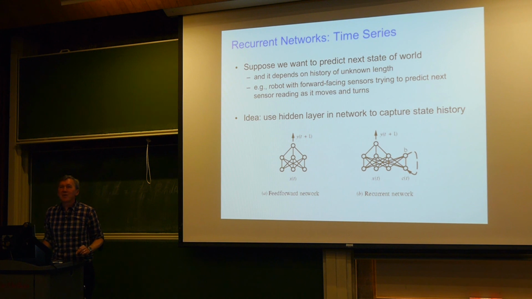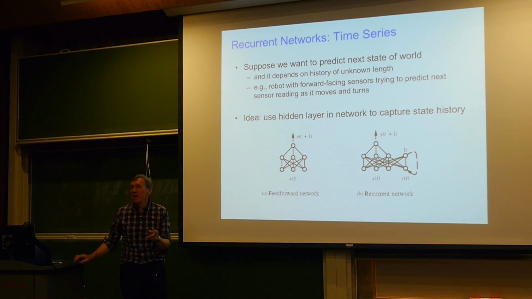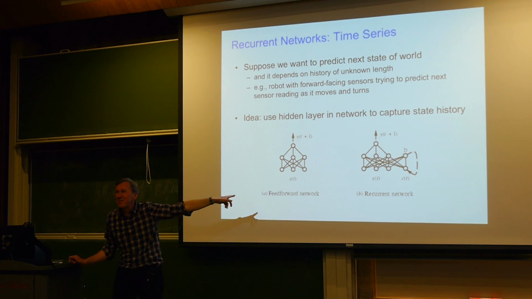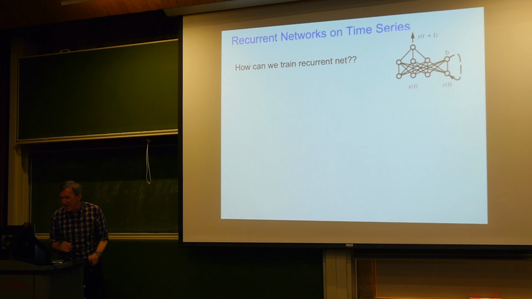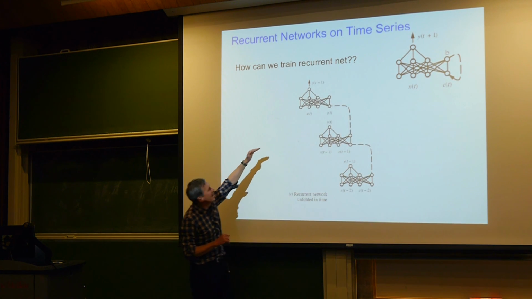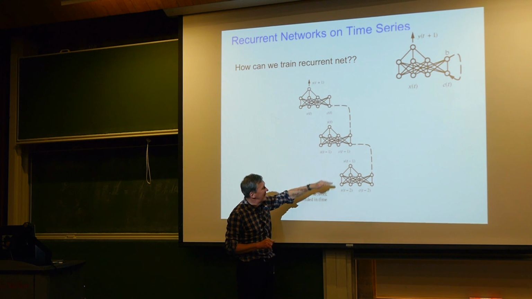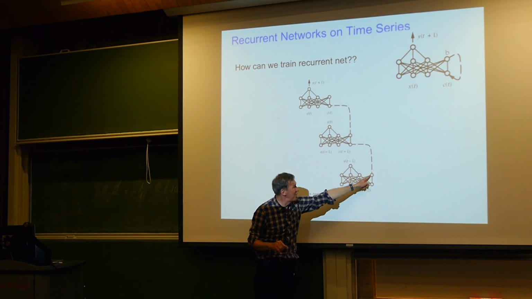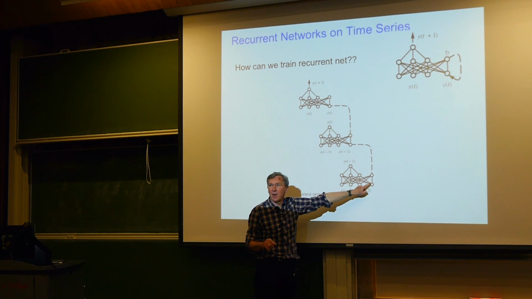Well, it turns out the training procedure is actually trivial. All you have to do is use the backpropagation algorithm that we already know, but you have to transform things a little bit in the following way. Suppose I effectively unwind in time. So here's my x at time t minus 2, and the value of the context vector that I have at t minus 2.